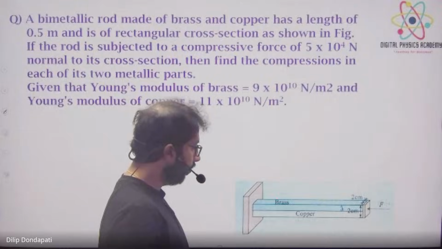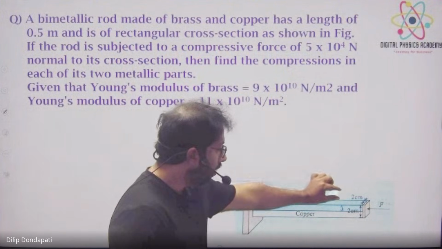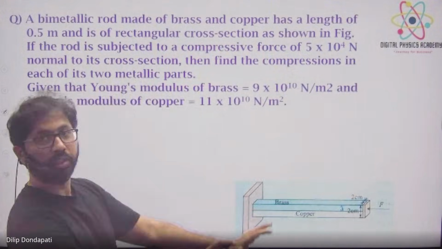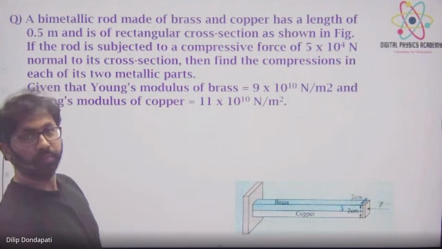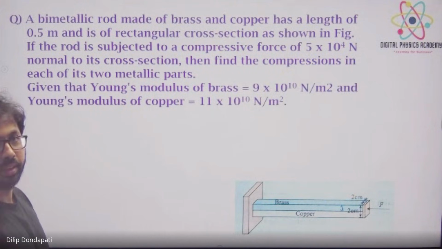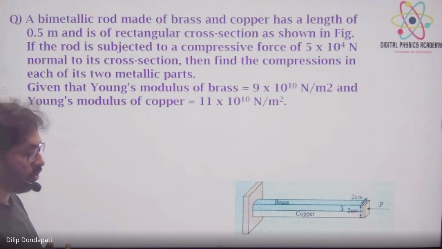Why radius? Area is given, right? Width is 2 and depth is 1 centimeter. So what is compression? Compression is pushing. One rod is fixed, and in compression delta L occurs. Delta L in each depends on the material it compresses, right? So we want delta L for each one.